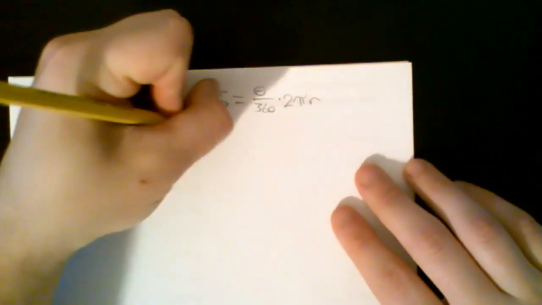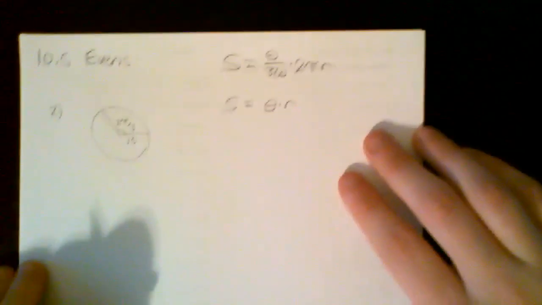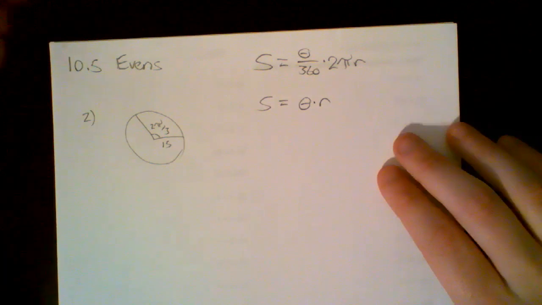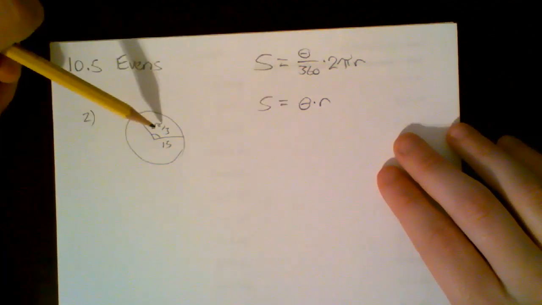So we know there's 2 formulas for S. We have S equals theta over 360 times 2 pi r. That's an equation we're going to use if we have degrees. The other equation, if we have radians, is going to be S equals just theta times r. So it's definitely going to be more advantageous to use this one since we're dealing with radians.